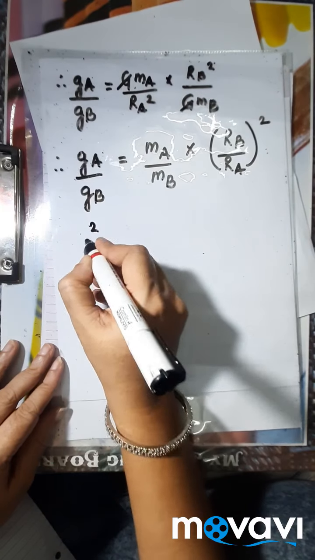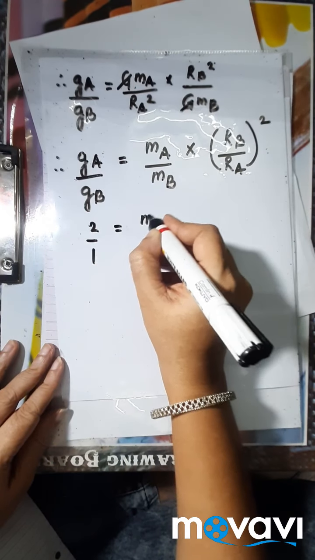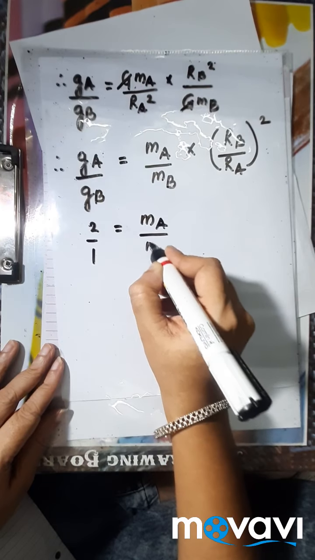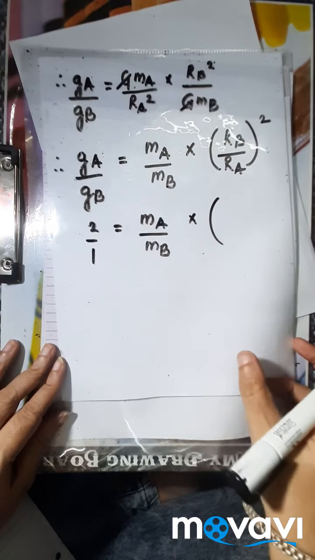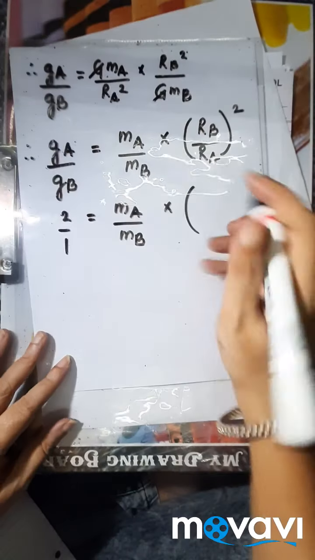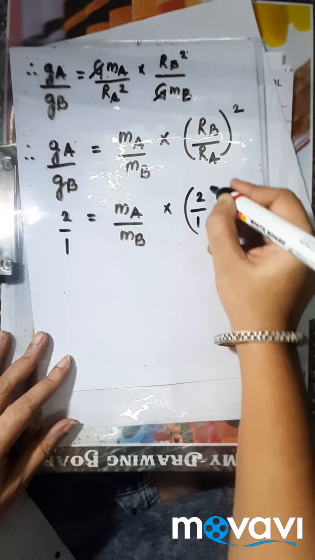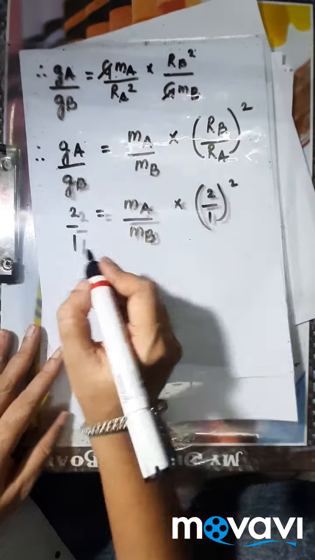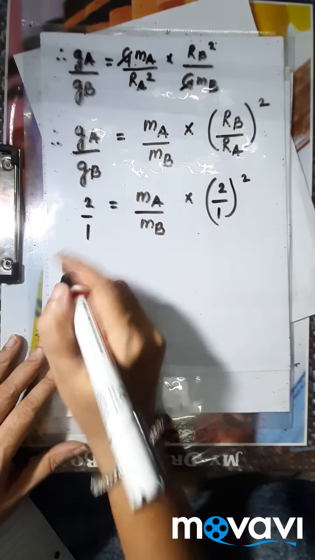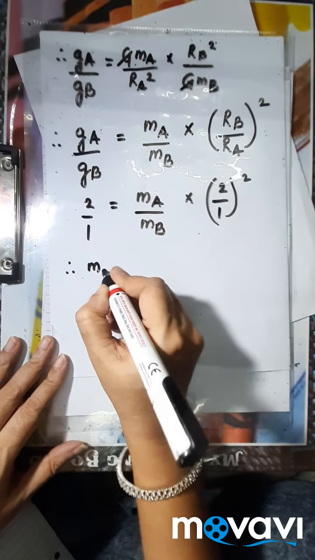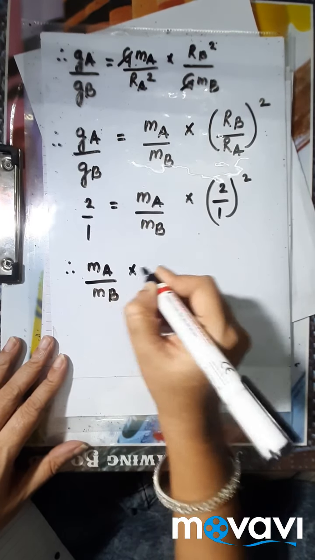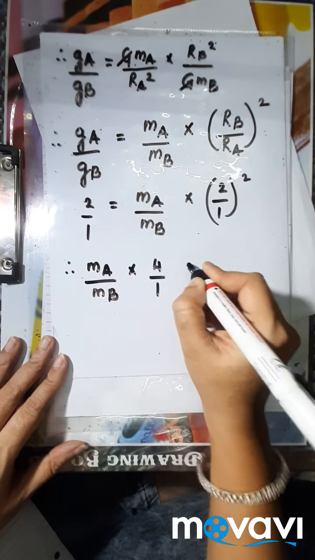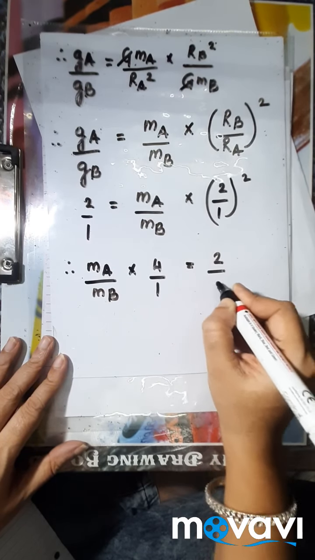MA upon MB multiplied by, what is my RB upon RA? My RA upon RB was half, so my RB upon RA is equal to 2 upon 1 the whole square. Now once again, I always keep this rule same. One extra step will happen. So MA upon MB multiplied by 4 upon 1 is equal to 2 upon 1.